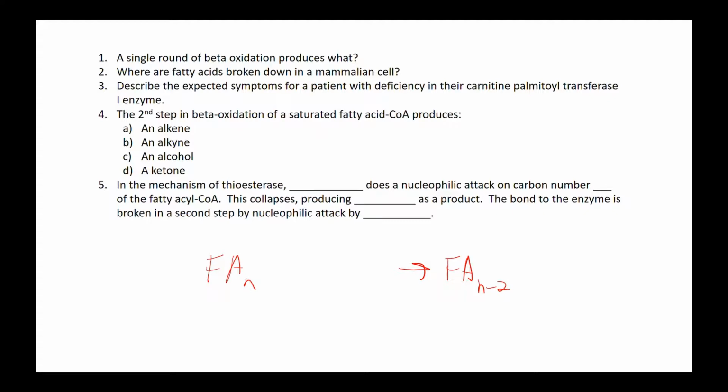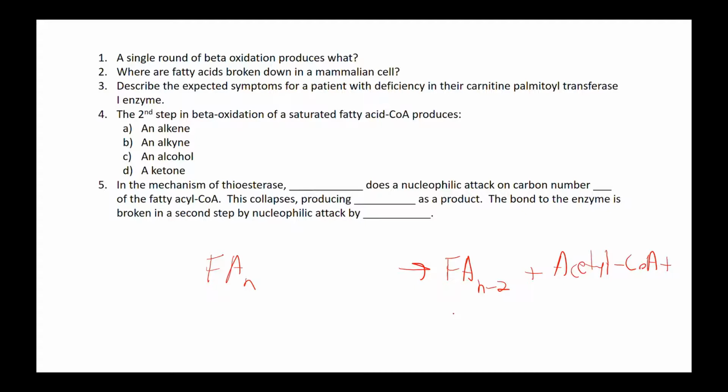So the 2 carbons are going to be lost from this, and those 2 carbons have to go somewhere. They're going to go to acetyl-CoA. There are going to be other products as well along the way.